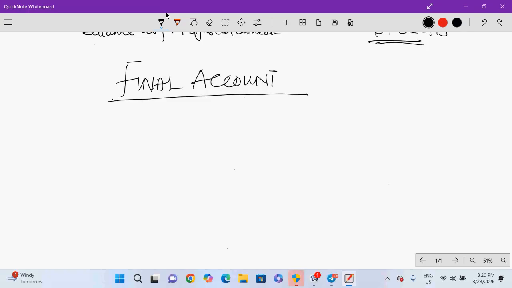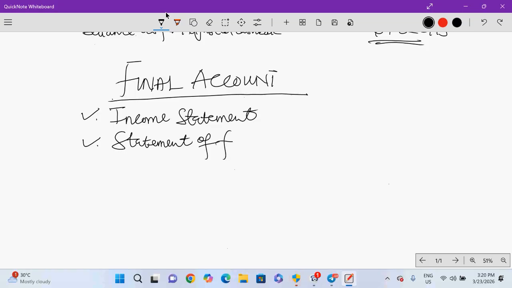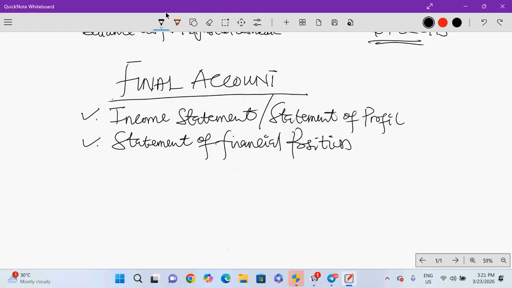All right, so under the final account, for your level, or for this semester, it will be centered on the preparation of the income statement, or statement of profit or loss, and the preparation of the statement of financial position.